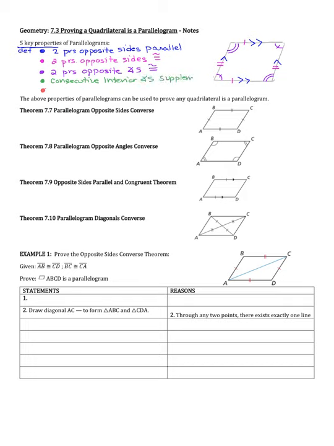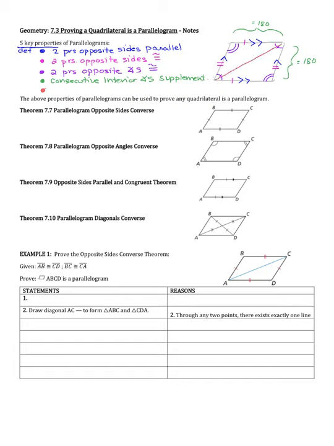And that's not because it's a parallelogram, it's because you have parallel sides. So we know that these two angles will add up to 180, these 2 angles would add up to 180, etc.